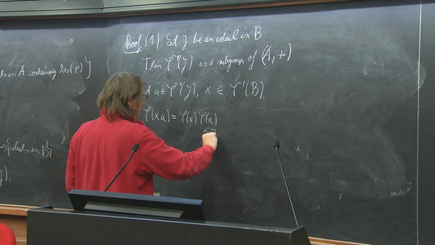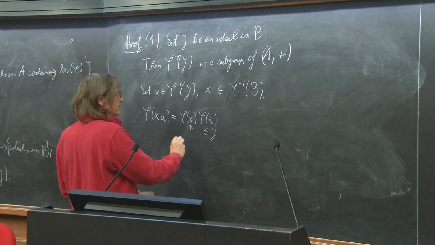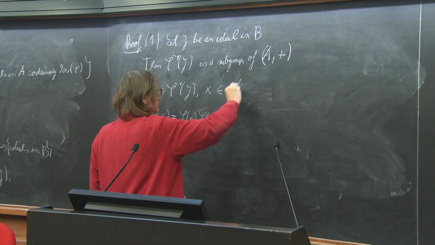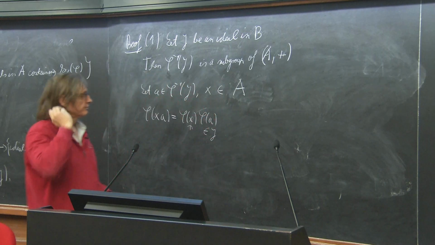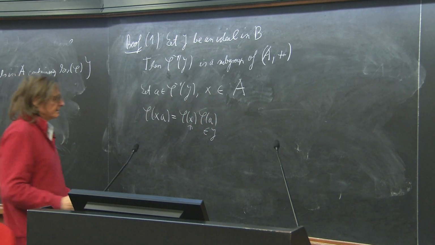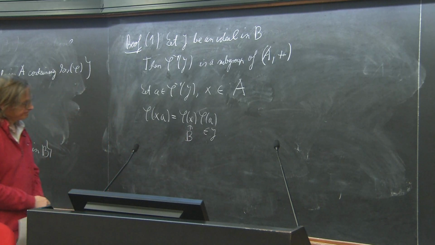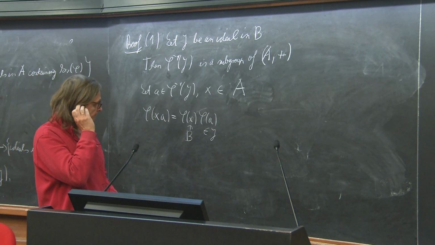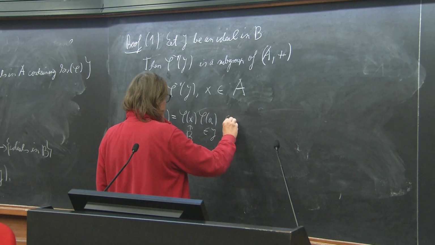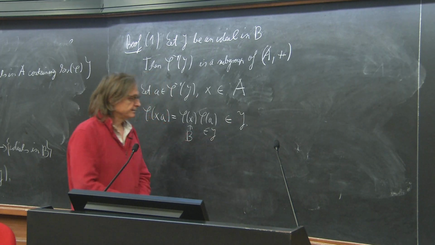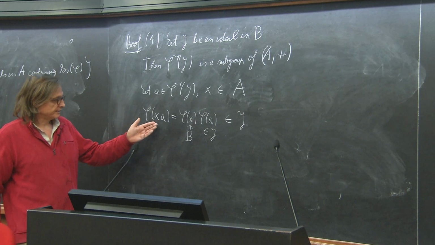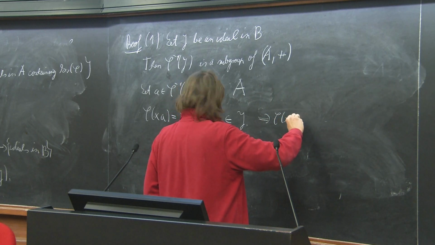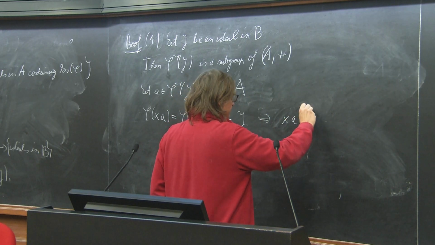Phi of X is an element in B, since it's a map from A to B. And phi of A is an element in J. So that means this product is an element in J, because J is an ideal. And so if phi of XA lies in J, then it follows that XA lies in phi to the minus 1 of J.